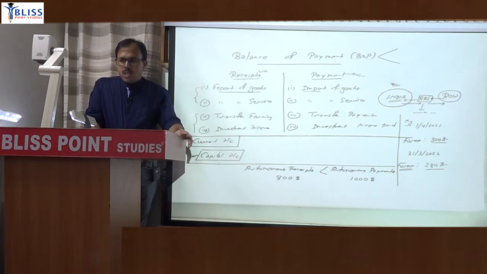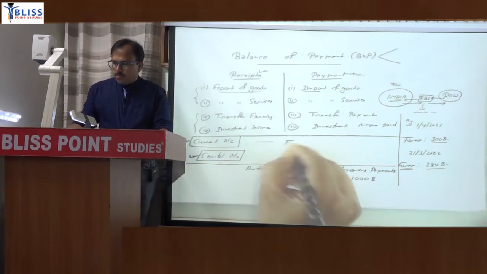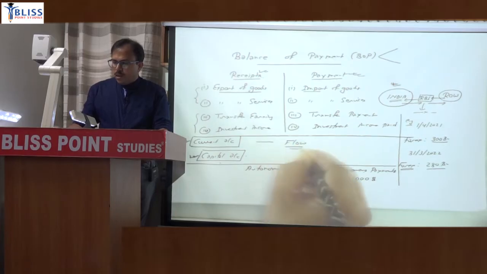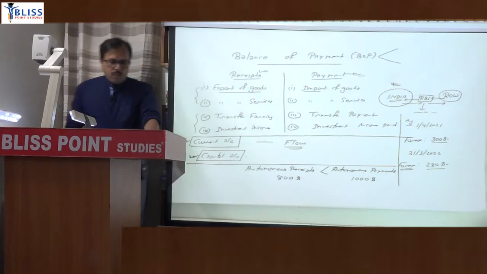So the transactions recorded in current account are flow in nature. Flow will be there, and that will be basically recurring as well.